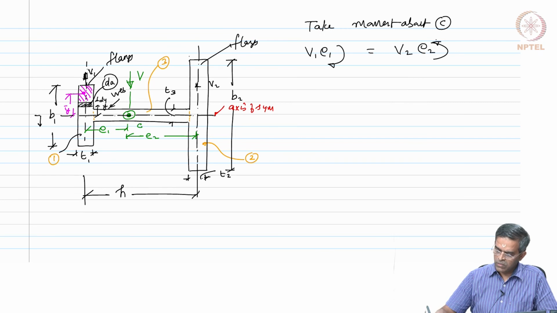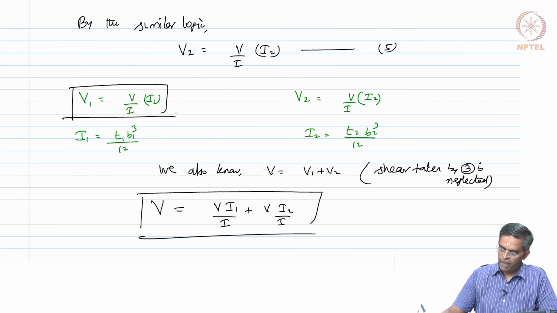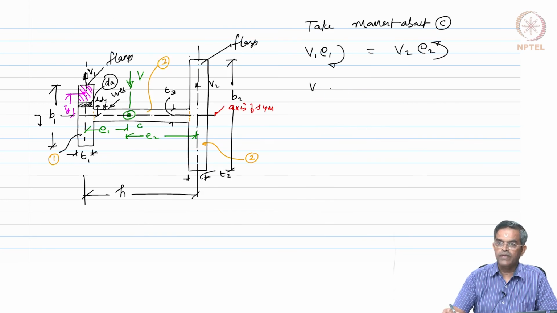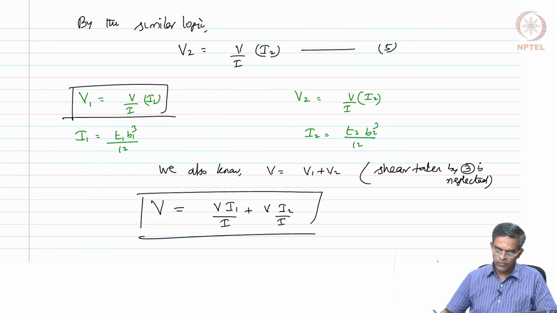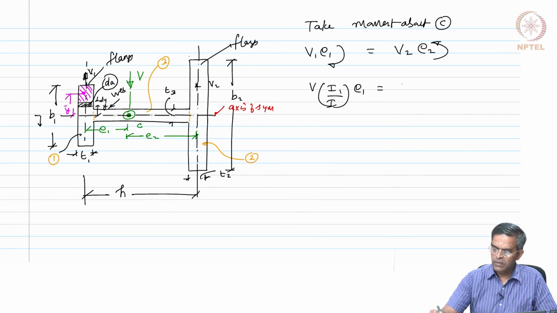So, what is V1? Please see from this equation, V I1 by I of E1, and V2, see from this equation, I2 by I, is it not? V I2 by I of E2.